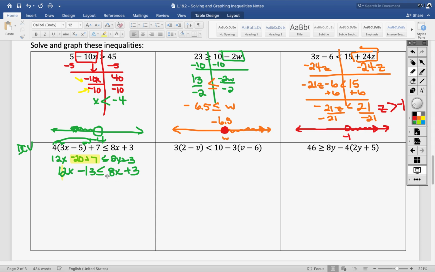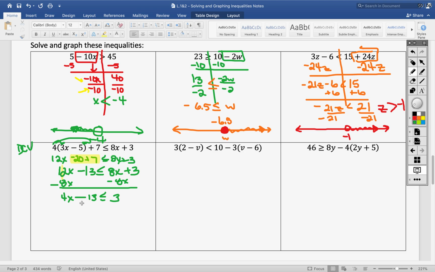Move your variable term to the left by doing the opposite operation, minus 8x. That is 4x minus 13 is less than or equal to 3.